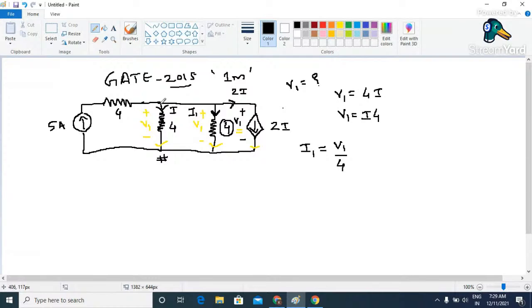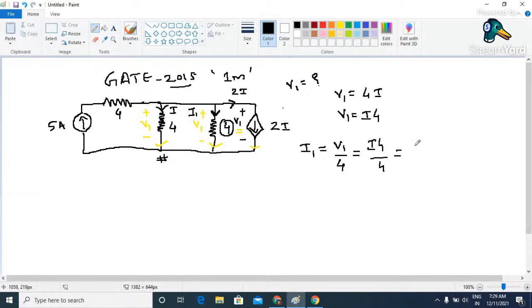So we know that the value of current flowing through this resistor is I, which is already given to us. The value of current flowing through this particular resistor is V1 by 4, or we can write this as, because we know that V1 is nothing but I into 4, I into 4 divided by 4.